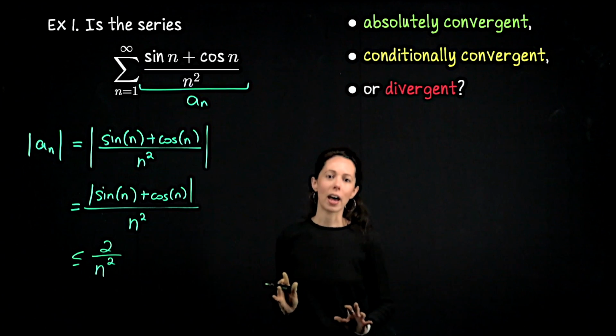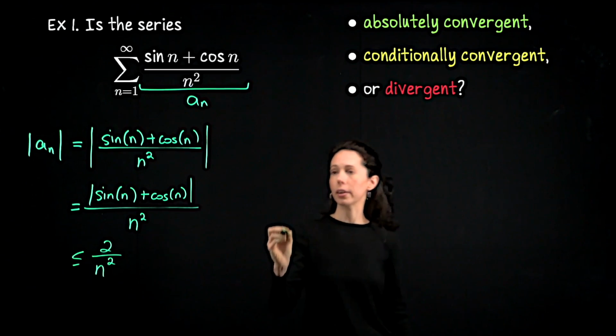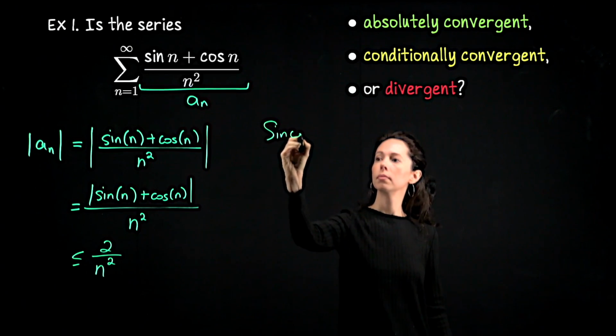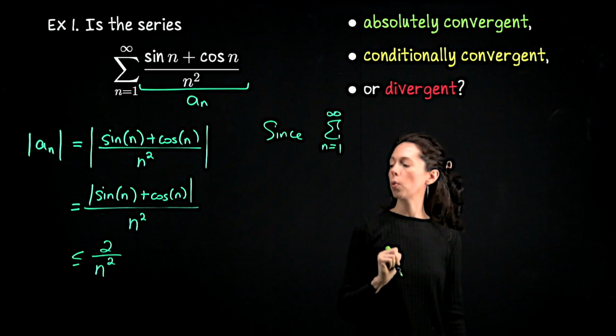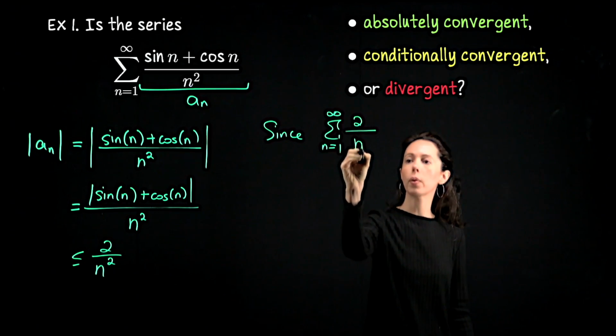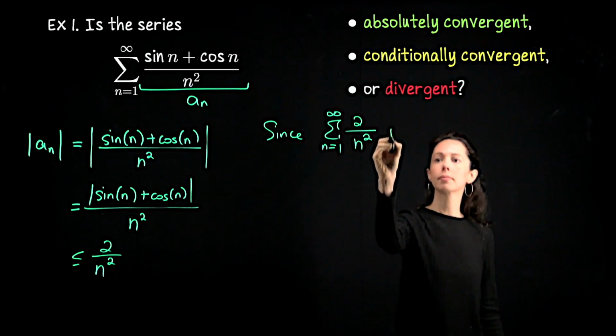Let's fully justify everything for this first example. 2 over n squared is a convergent p-series. So if I say the series going from 1 to infinity of terms that look like 2 over n squared, this is a convergent p-series because p equals 2.